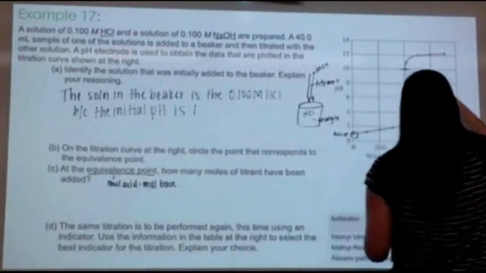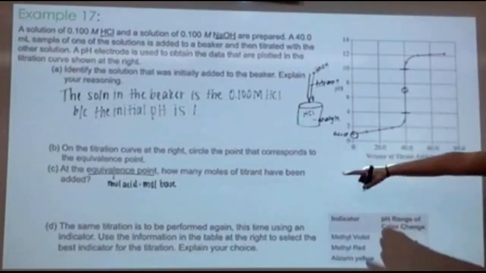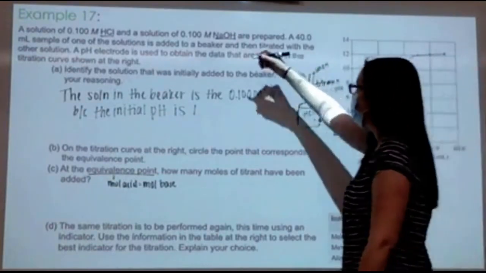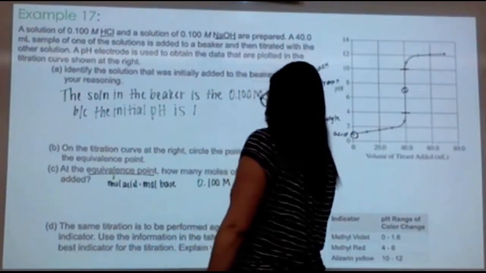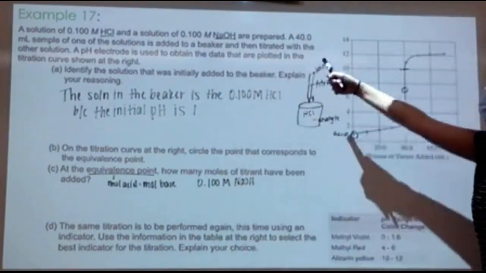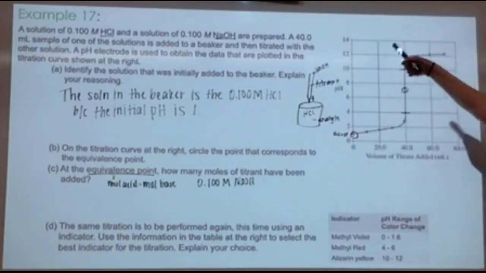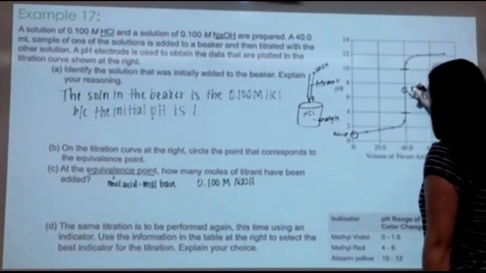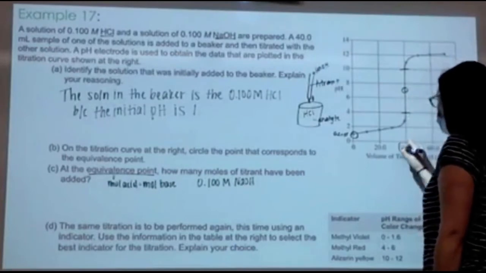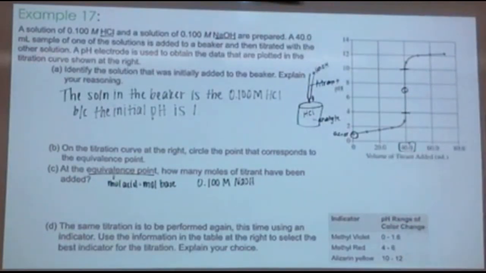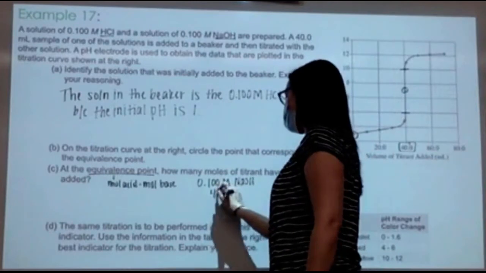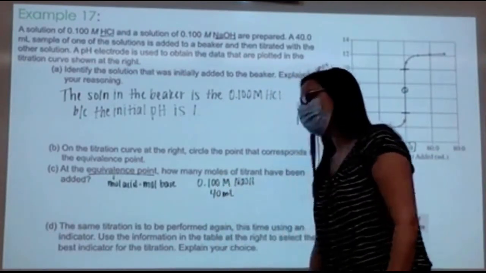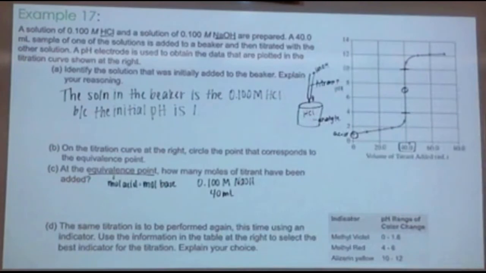When we look at the titration curve, because the titrant is NaOH, I know that we have 0.1 molar NaOH, because that's what it said. We had 0.1 molar NaOH in the burette. Then at the equivalence point, 40 milliliters of NaOH was added. So if we know the molarity and we know the volume, we can find the moles.